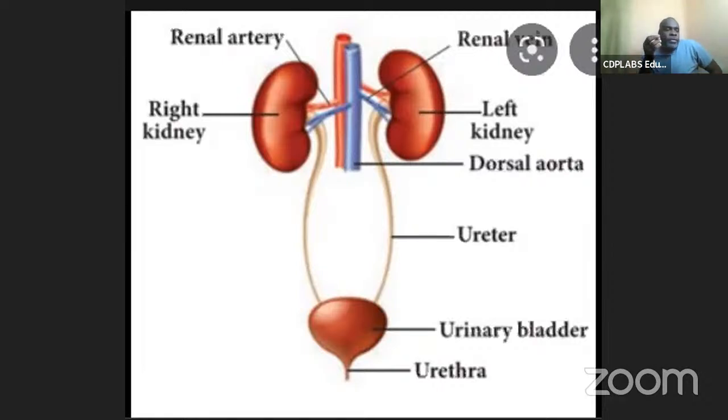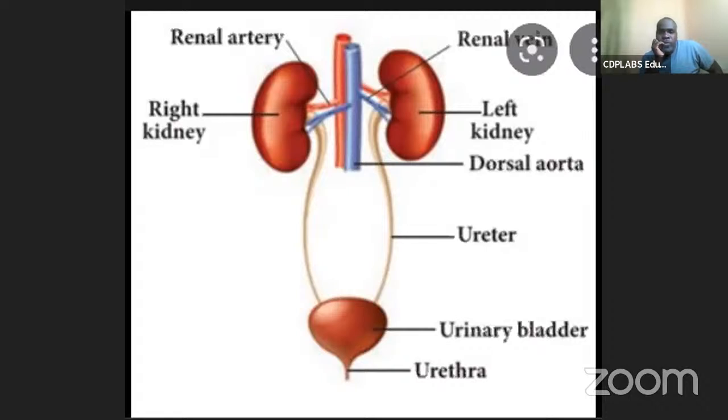Because you have gone through the lesson about the circulatory system, you will know what the function of the artery is or the function of the vein is. The reason why it's called renal artery is because the kidneys are renals, basically, right? And if you go to KPH and the person has a urinary problem, they will go to the ward that is called renal.